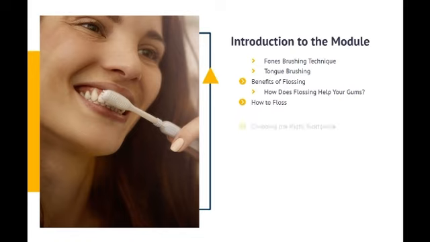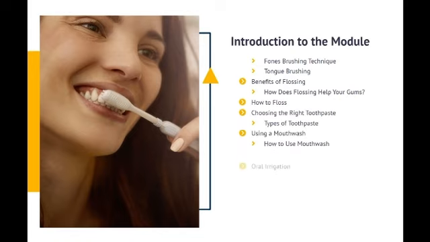Tongue brushing. Benefits of flossing. How does flossing help your gums? How to floss. Choosing the right toothpaste. Types of toothpaste. Using a mouthwash. How to use mouthwash. Oral irrigation. Lifestyle practices.